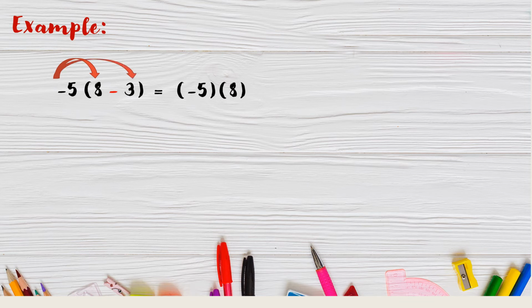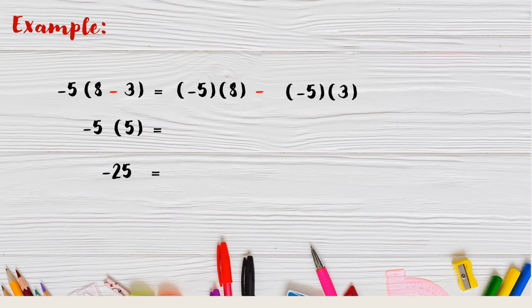Another example, negative 5 times the quantity of 8 minus 3. First, let us distribute negative 5 to 8 and negative 5 to negative 3. Take note that operations inside the parentheses should be solved first. 8 minus 3 is equal to 5 multiplied by negative 5, that is negative 25.